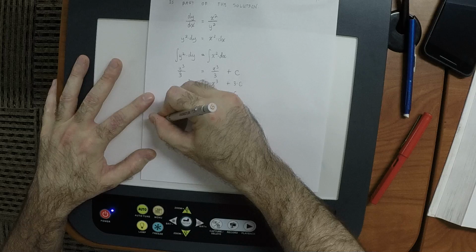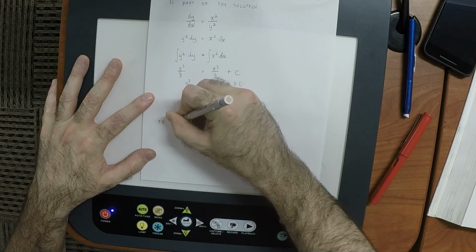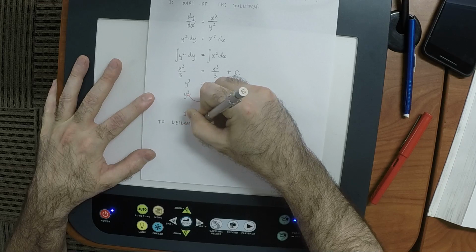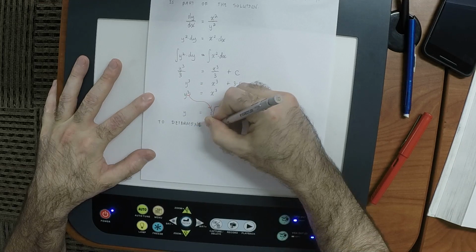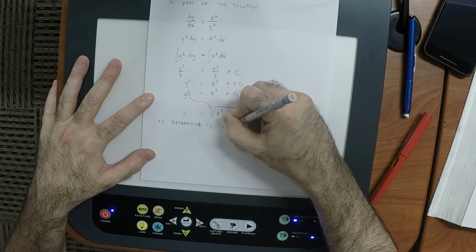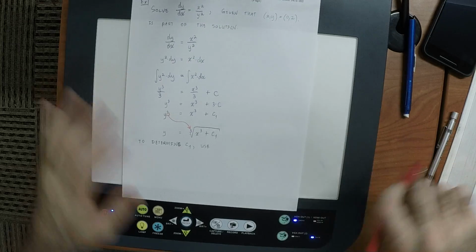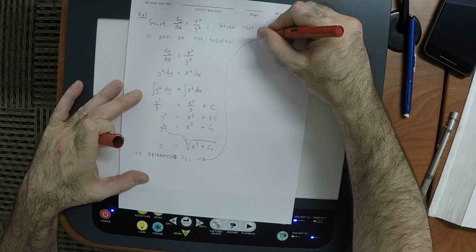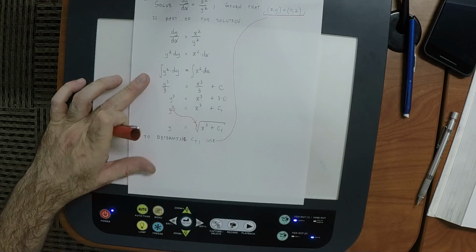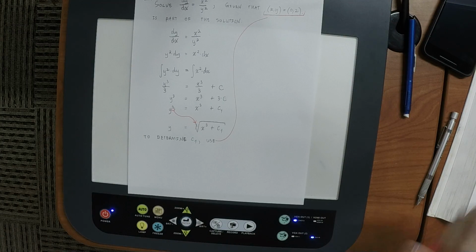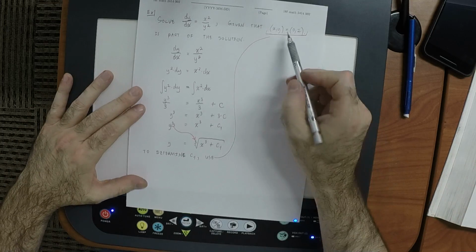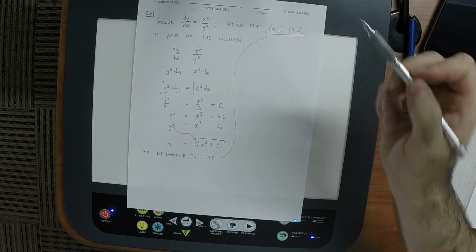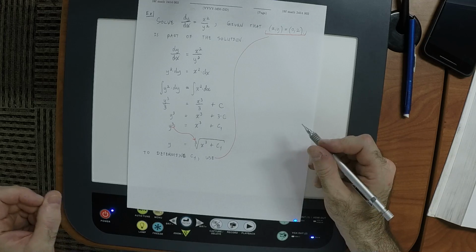So now, to determine c1, we'll use this piece of information. So it's saying that when you plug in x, y equals 0, 2, the solution, the equation should be true.